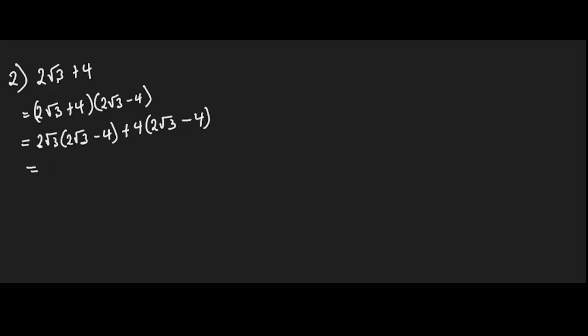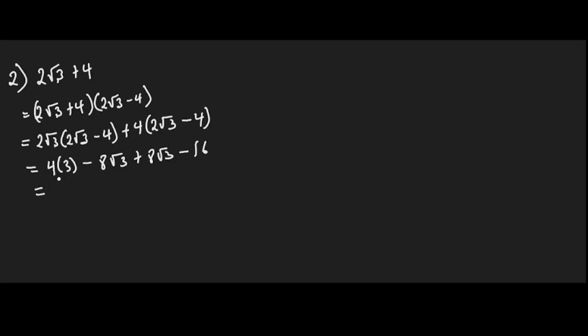Here, if we expand, 2 times 2 gives us 4, root 3 times root 3 gives us 3, minus 8 root 3. Then 4 times 2 root 3 gives plus 8 root 3. Plus times minus gives minus, 4 times 4 is 16.